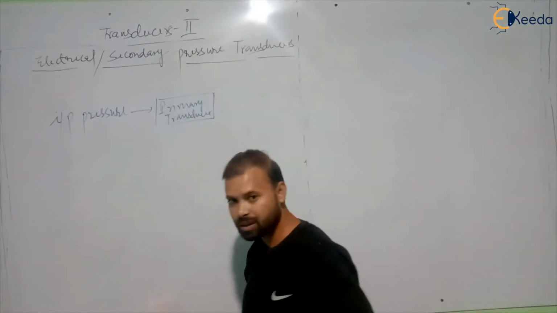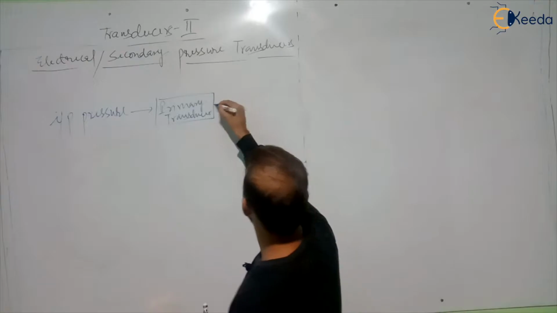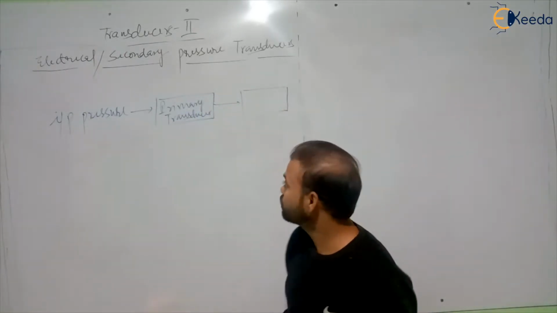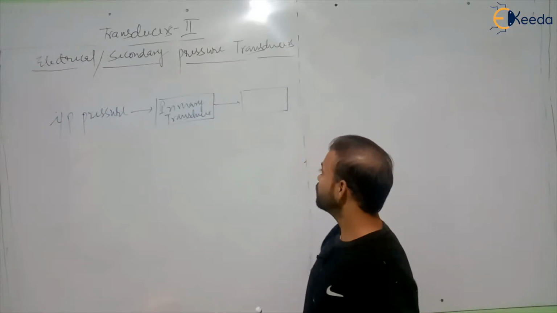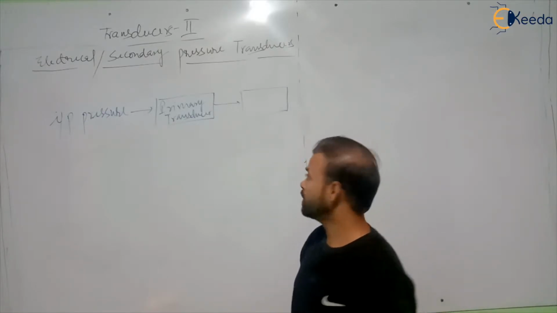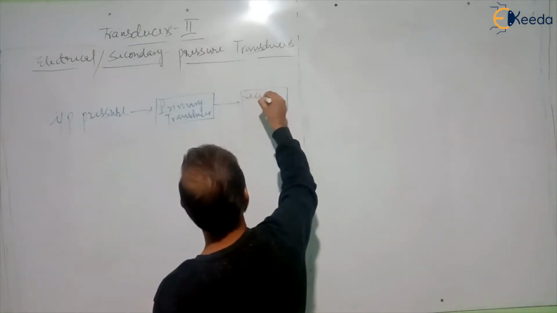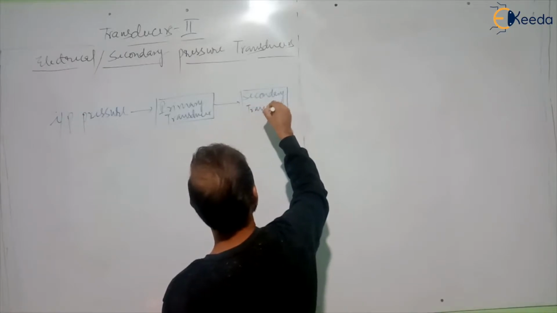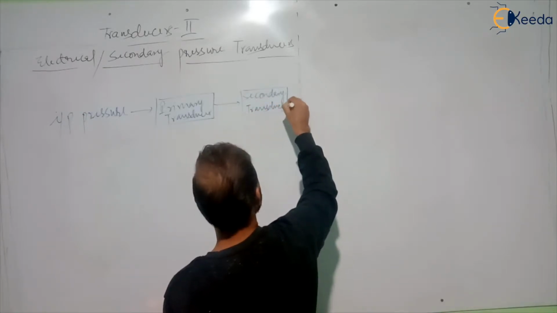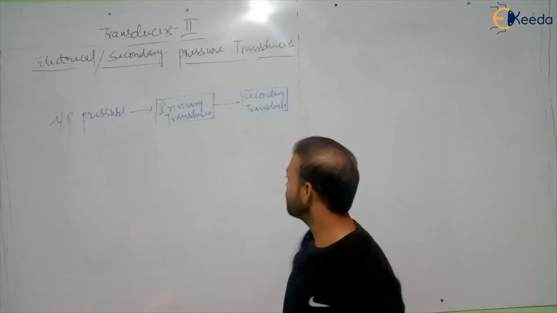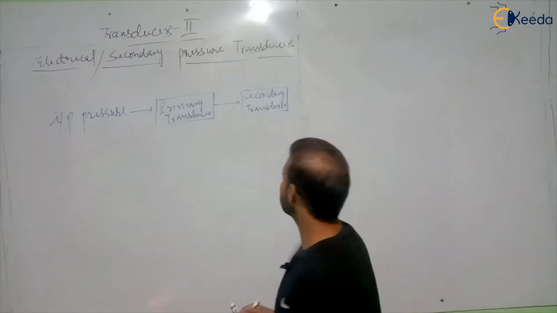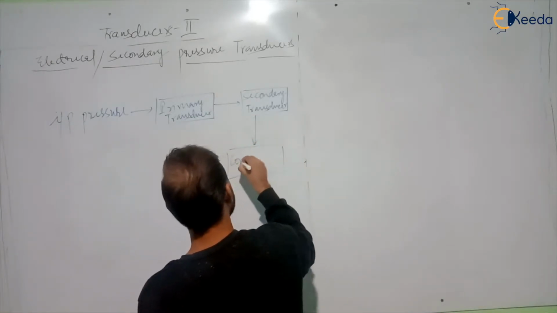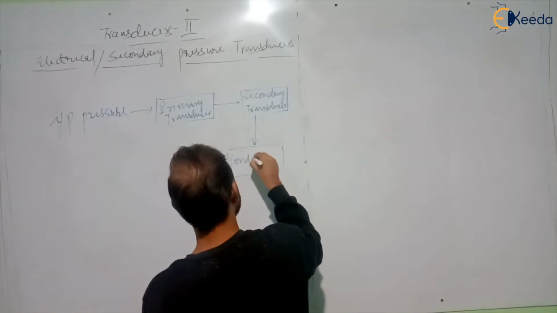Now if you want to process the output of the primary transducer, you need to convert this into an electrical signal. So you need a secondary transducer. Secondary transducer means the output of this transducer will be of electrical type. Then there will be another circuitry which is signal conditioning.